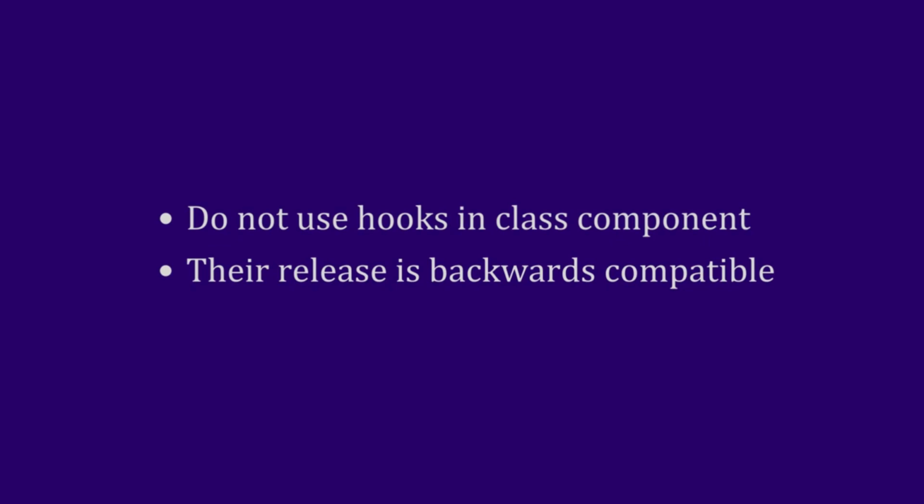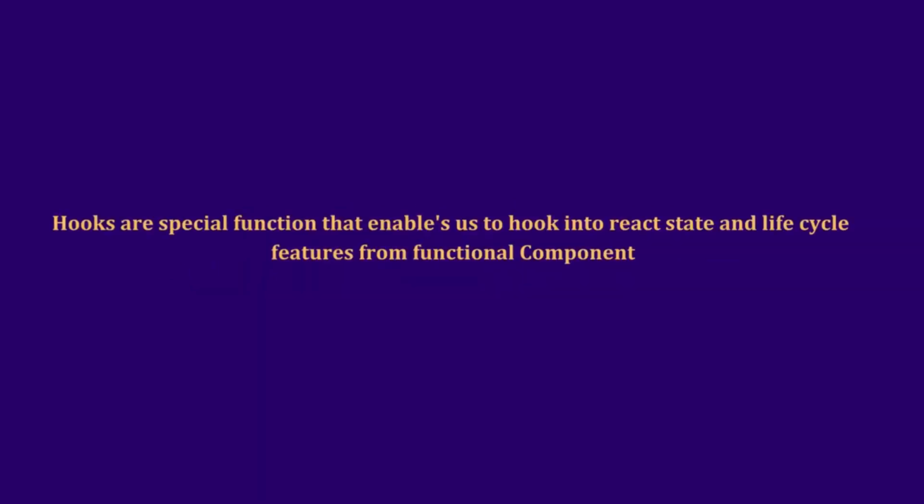In summary, hooks are special functions that allow us to hook into React state and lifecycle features from functional components. For example, the useState hook is a hook that enables you to add React state to functional components. Hooks allow you to hook into React features without writing a class.